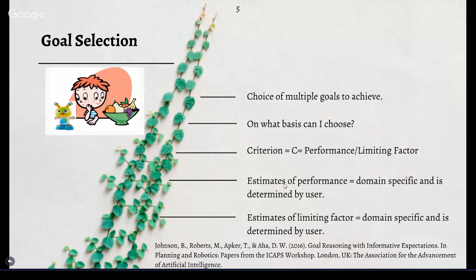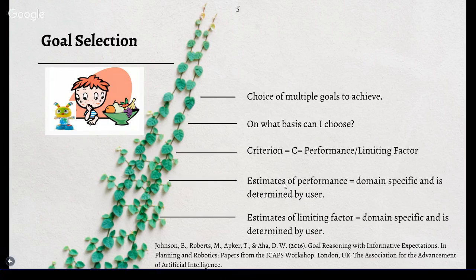So the goal selection operation, as I said earlier, happens when the agent has a choice of multiple goals and it cannot achieve all of those. After knowing this, we come to the question: on what basis do I choose?